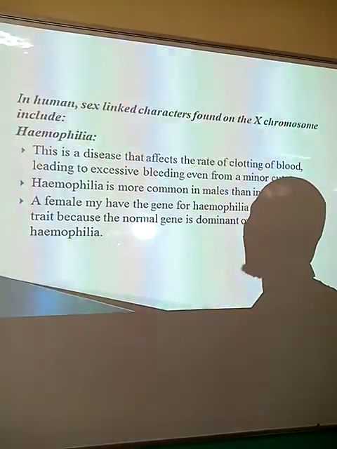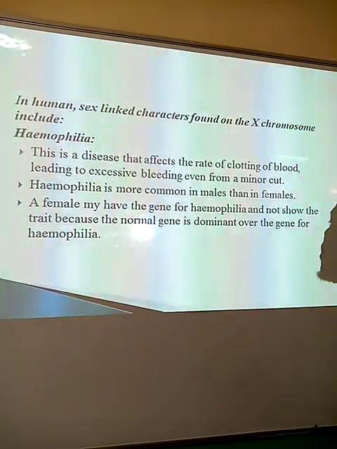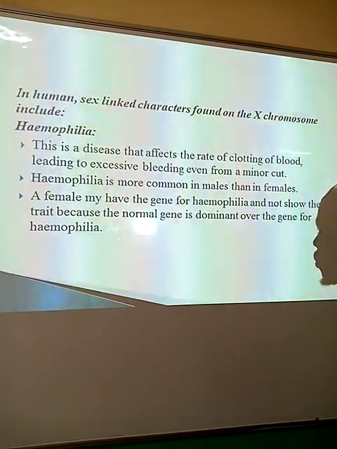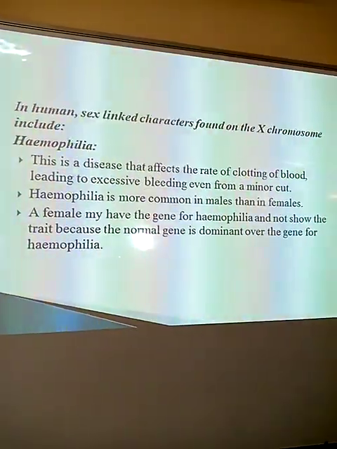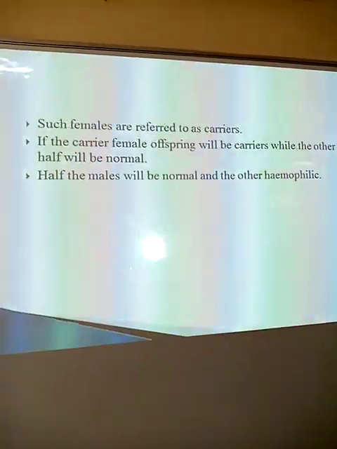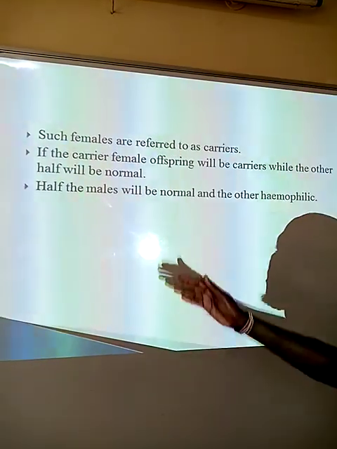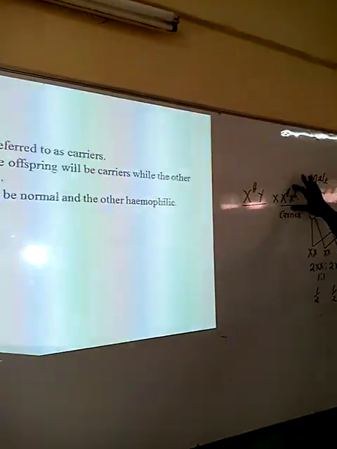A female may have the gene for hemophilia and not show the trait because the normal gene is dominant over the gene for hemophilia. So in that case, we can now see that females have higher chances of survival than the males. Such females are referred to as carriers, as in this case that we are talking about here.